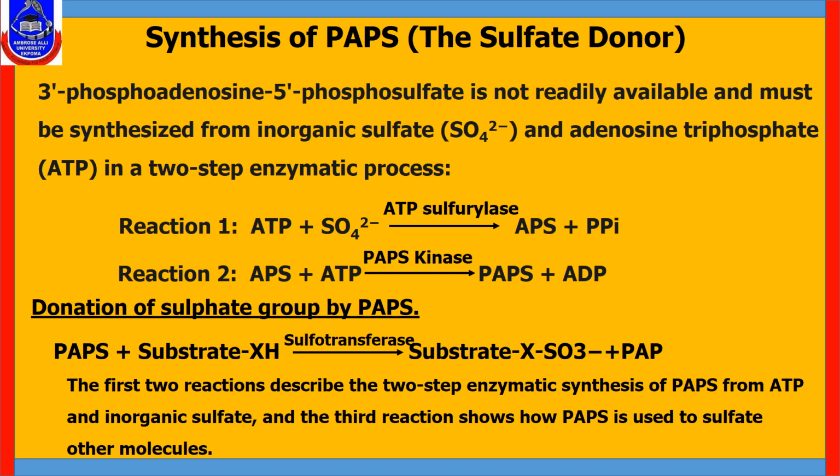The first two reactions describe the two-step enzymatic process of making PAPS from ATP and inorganic sulfate. And the third reaction shows how PAPS is used as a donor to other molecules.